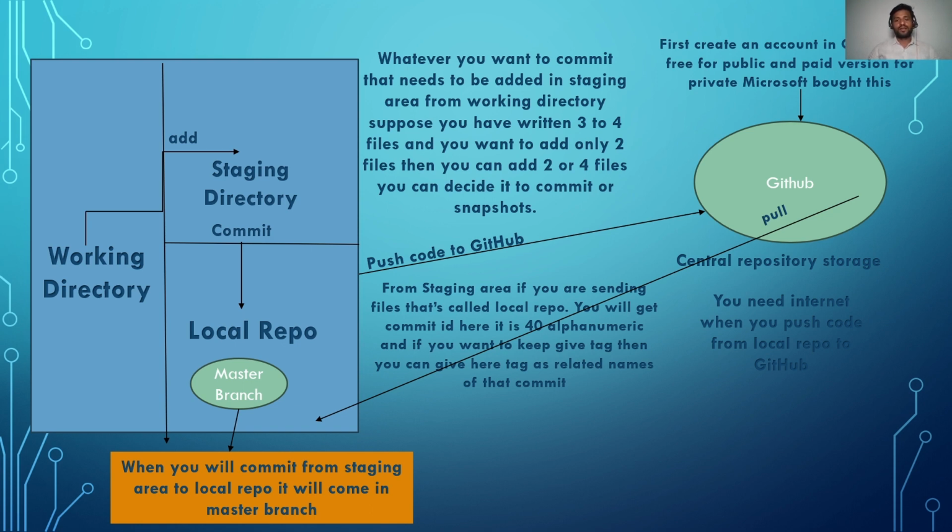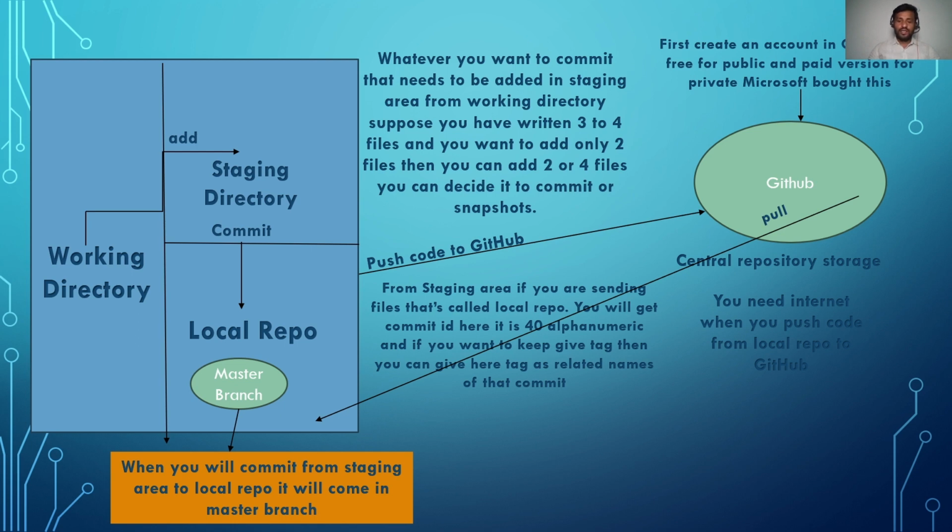As per the tag, you can understand, and as per the commit id, you can check and come to know for what purpose you committed from the staging directory to the local directory.